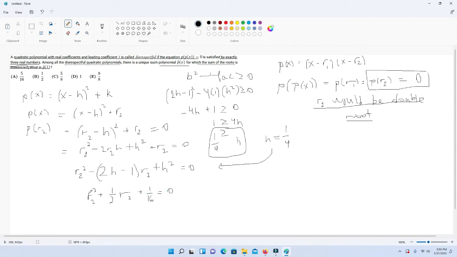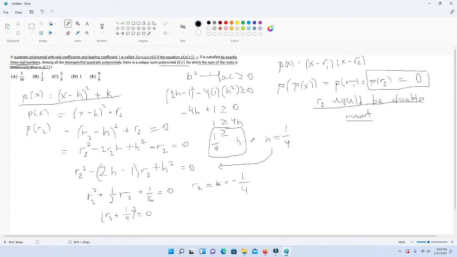Doing some factorization, this is the same as (r2 plus 1/4) squared equals 0. So that gives us that r2, which we already said to be equal to k, is equal to negative 1/4.